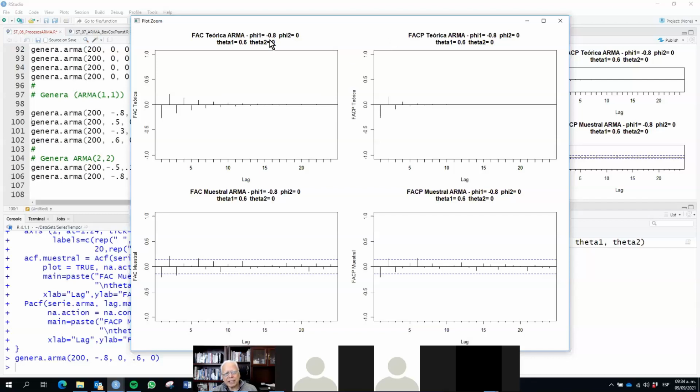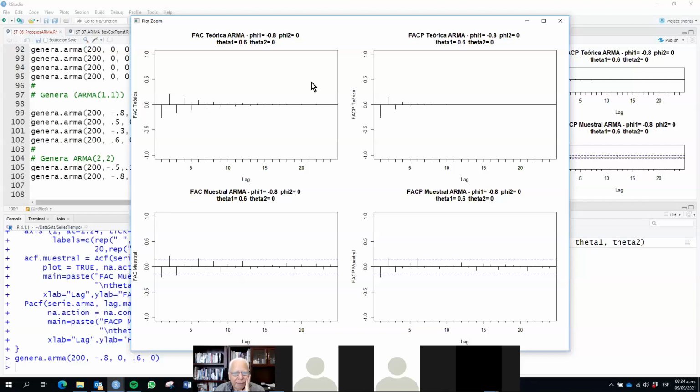Notice that phi1 is -0.8, so it's negative. The theoretical autocorrelation and partial autocorrelation functions are in the first line, and the bottom two plots correspond to the sample autocorrelation and partial autocorrelation functions.